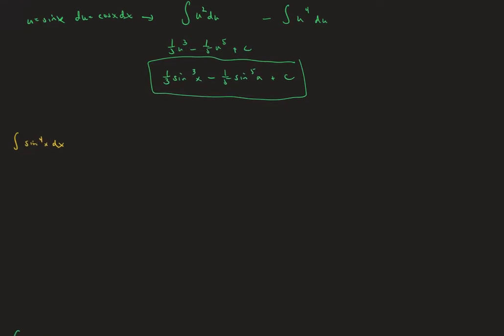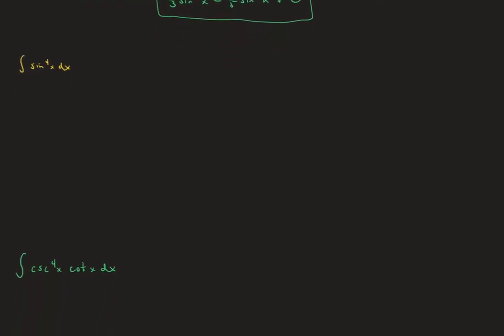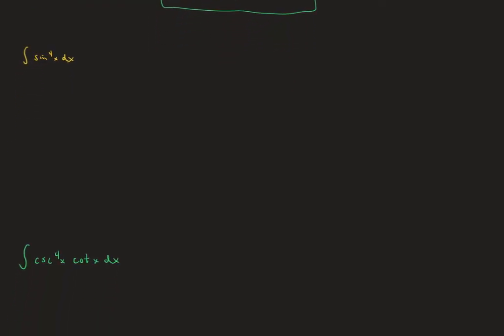On the second one, we don't have any trig function with an odd power, so we're going to have to do our power reducing formulas here. And so we know that sine squared is 1 minus cosine of 2x all over 2.